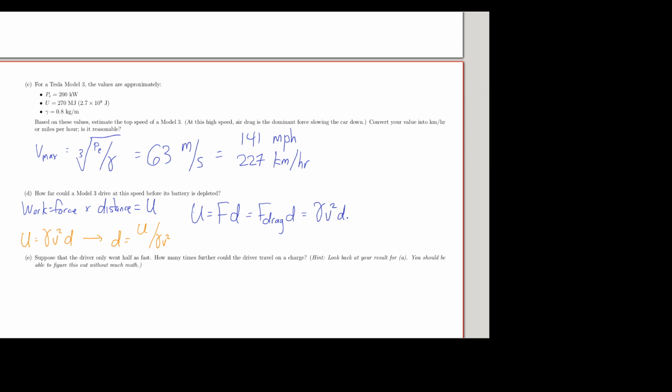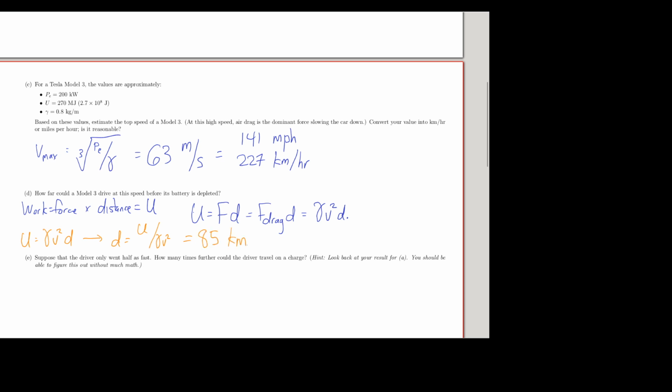So let me now type those in. I have 270 megajoules divided by 0.8 kilograms per meter times 63 meters per second squared. So this gives me a range of 85 kilometers.